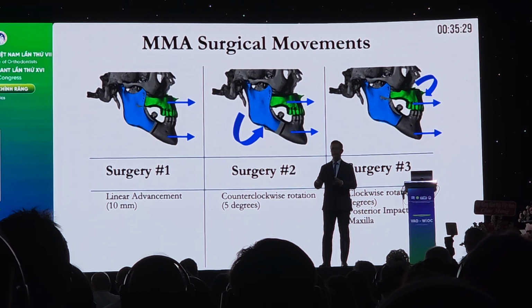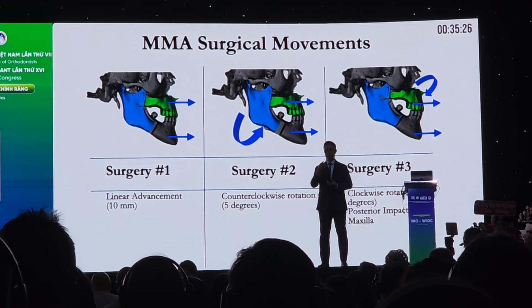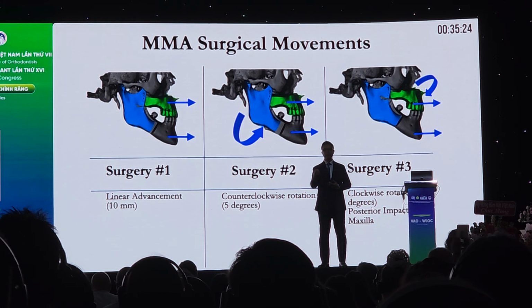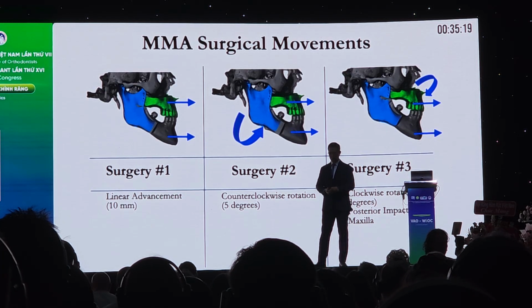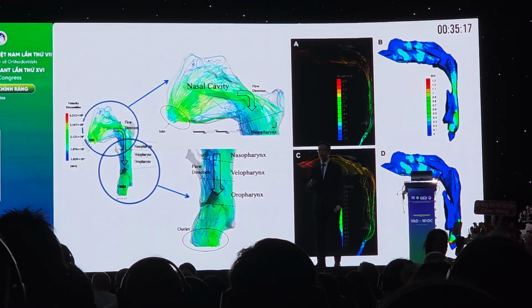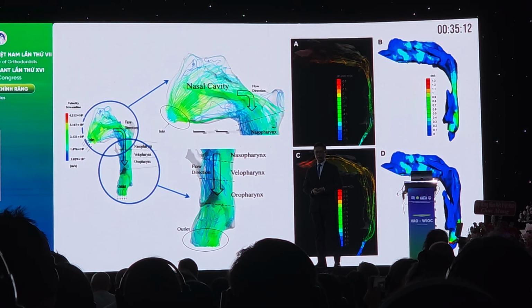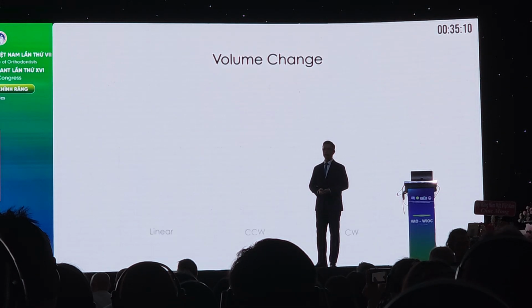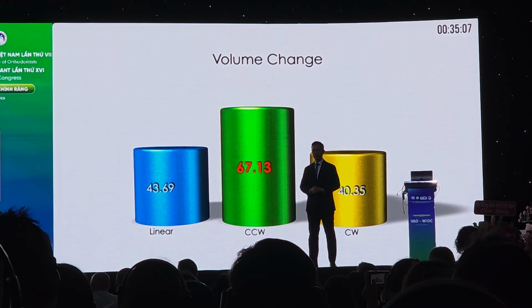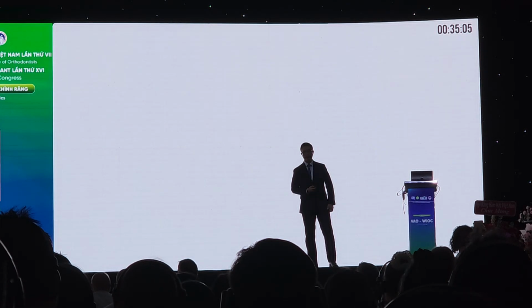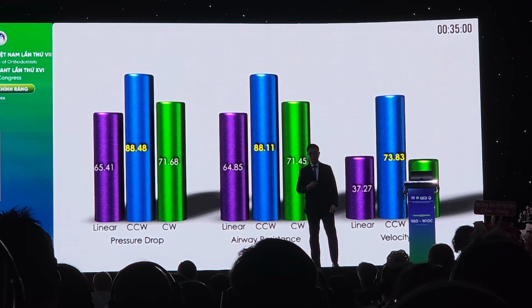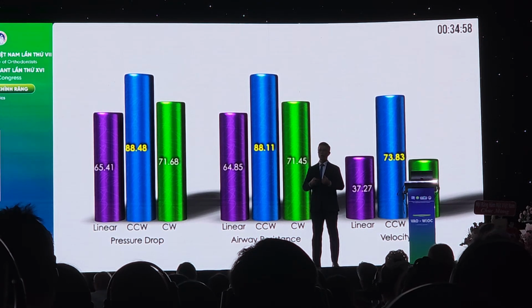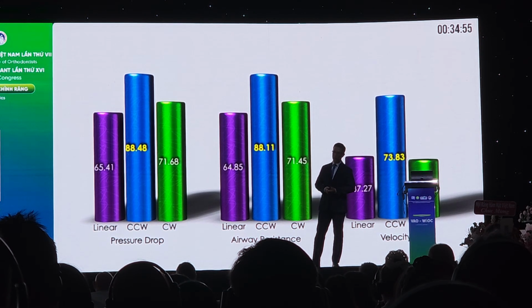We performed the surgery, and we brought the tongue forward, we hooked up the CPAP machine to blow air, trying to open up the airway, and we did the imaging and measured computational fluid dynamics, trying to understand how the airway dynamics change. Airway volume increase was the most with the counterclockwise rotation. And all the other computational fluid dynamics measures, pressure drop, airway resistance, and airway velocity, all show counterclockwise rotation is the best.